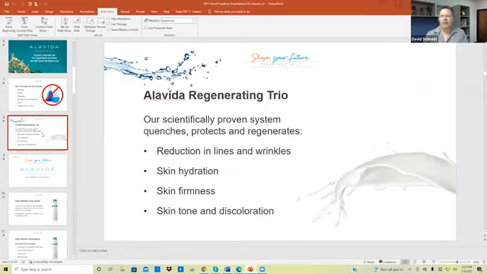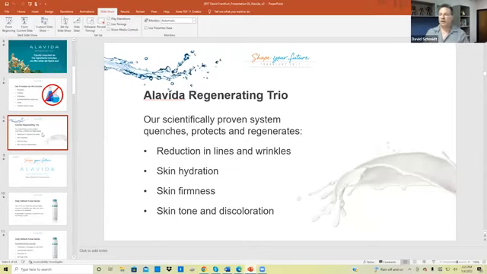We also wanted to be able to promote some benefits. What are people looking for in a skincare system? Well, once they know that it's safe, it's natural, of course, they want it to be effective. And our approach with Alavida was to improve the health of the skin as well as the quality of the skin.